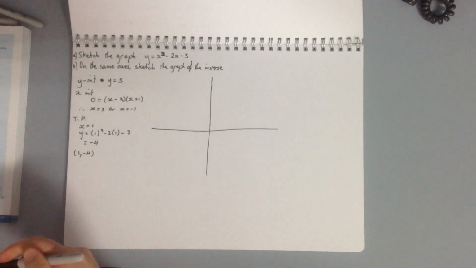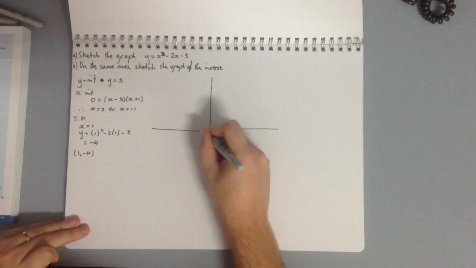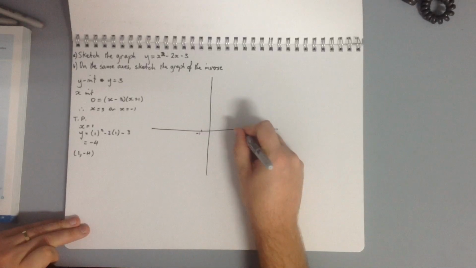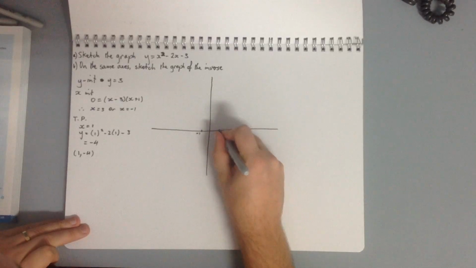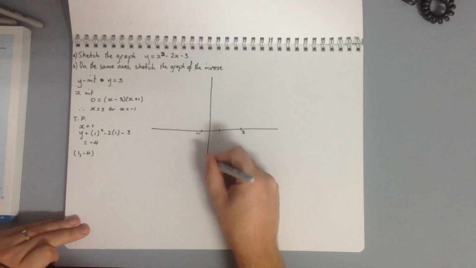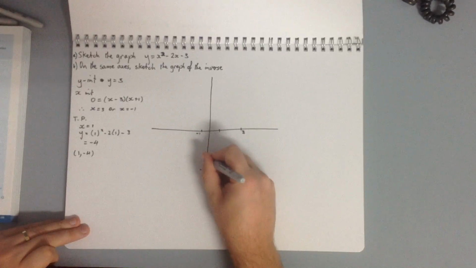So if we draw a set of axes, we know that we need the point (-1, 0), and we need the point (3, 0), and we need the point (1, -4), and we also need -3 on here.